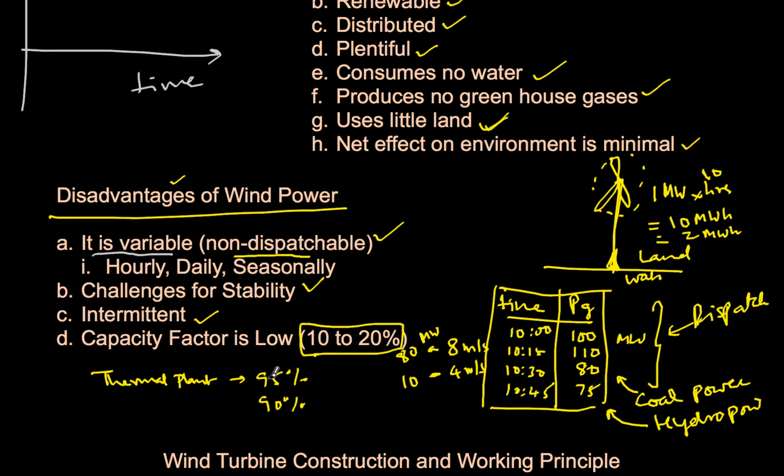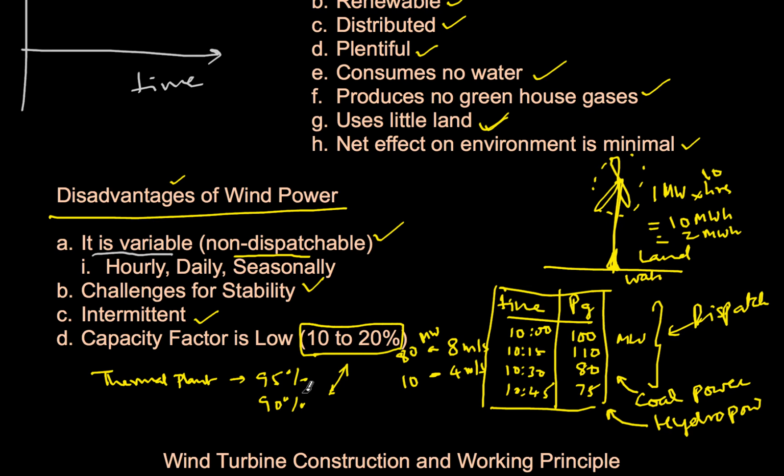Otherwise, a thermal plant can operate all the time, you can feed in as much coal as you want, according to the rating of course, and then generate the power. So look at the difference in the capacity factor. A 1 megawatt thermal plant will generate much more energy compared to 1 megawatt wind power.